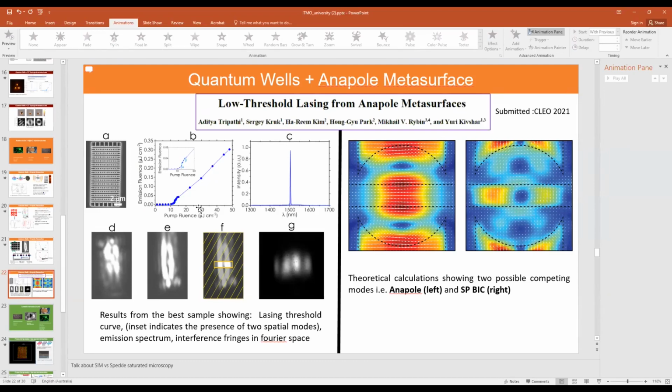Now how we measured it? We had an infrared camera, and we knew the quantum efficiency of our infrared camera, and we kind of reverse engineered it.